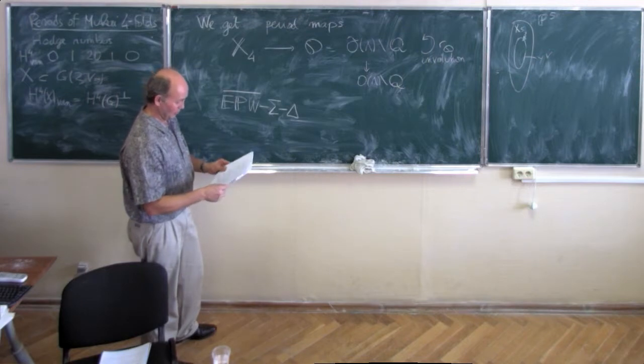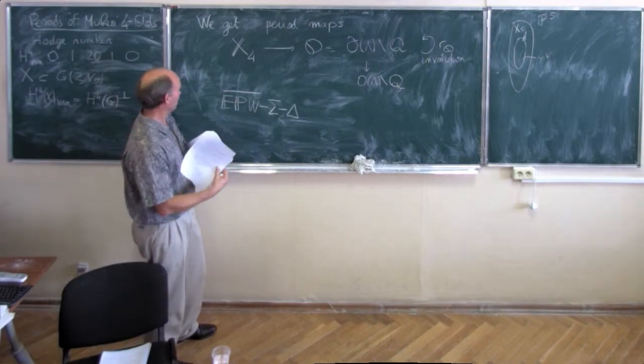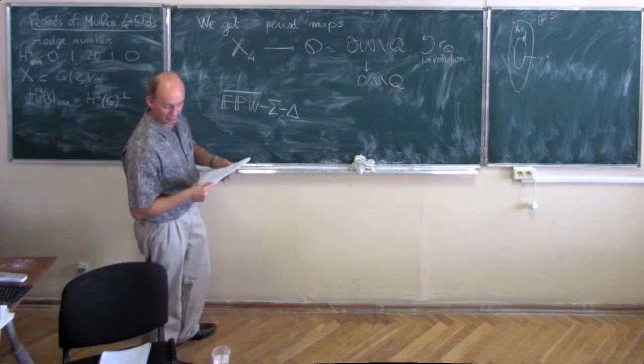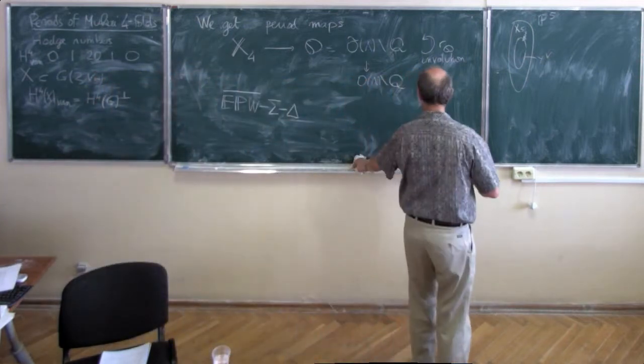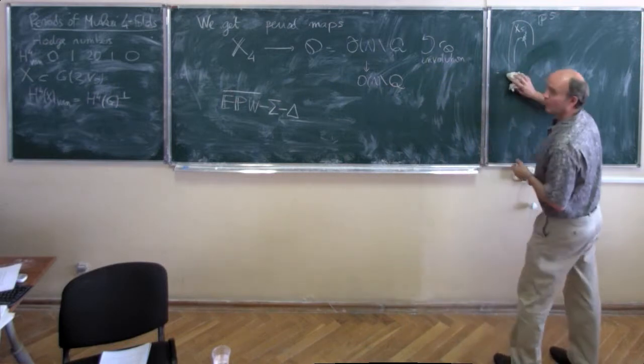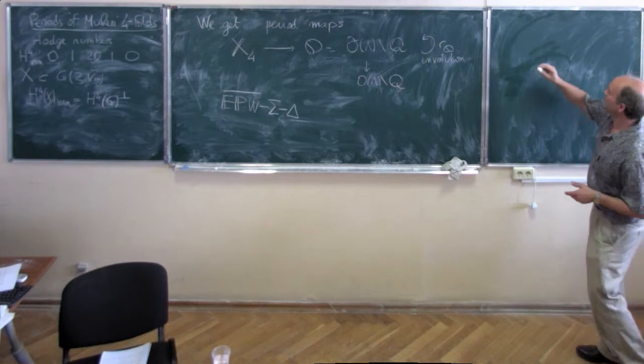Yeah, I forgot to mention something. What is this period map here? Something that I should have done earlier. I haven't done it yet. It's this double equilateral.